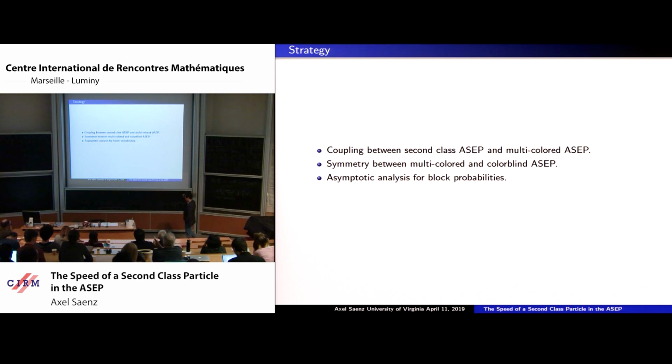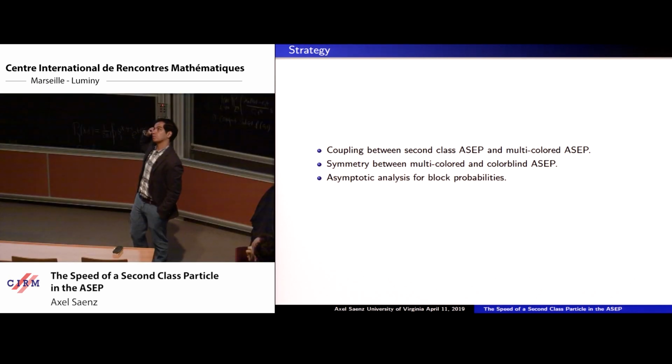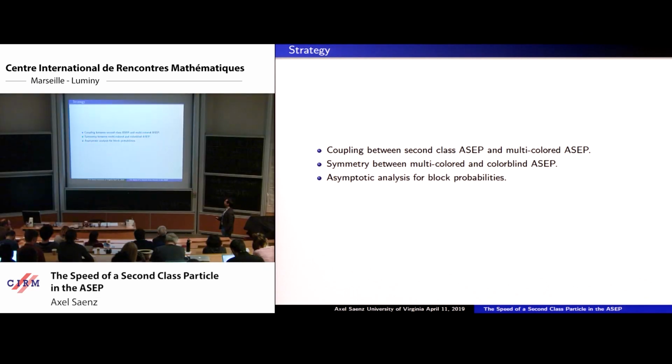of the proof. What we're going to do is take a coupling between second-class ASEP, the one that we introduced, and the multicolor ASEP that I introduced with the TASEP with general jumping parameters. And then with that coupling, we're going to use the symmetry argument between these two different ways to tell the configuration of multicolor ASEP, which uses an integrability result.